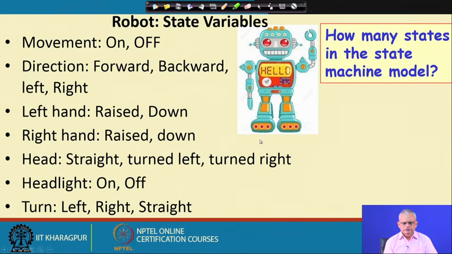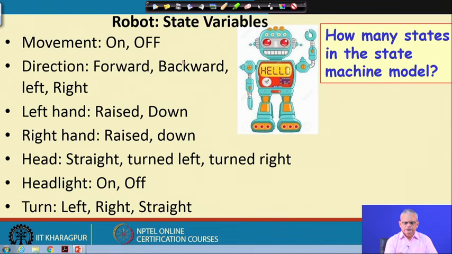So, to model this robo, how many states do we need in a simple finite state machine model? We will need 2 into 4 into 2 into 2 into 3 into 2 into 3.